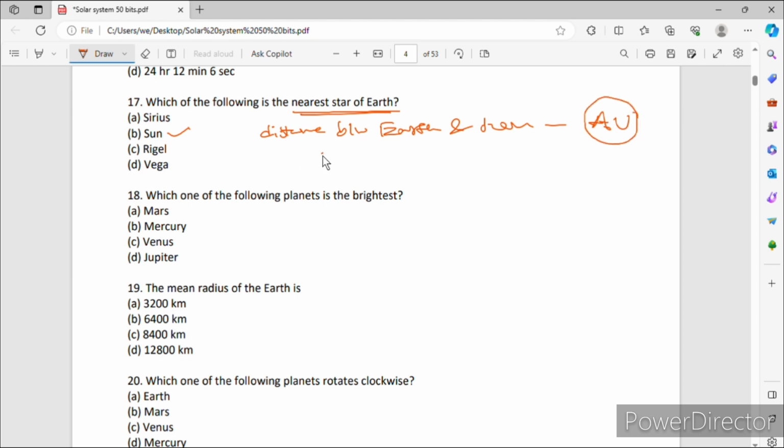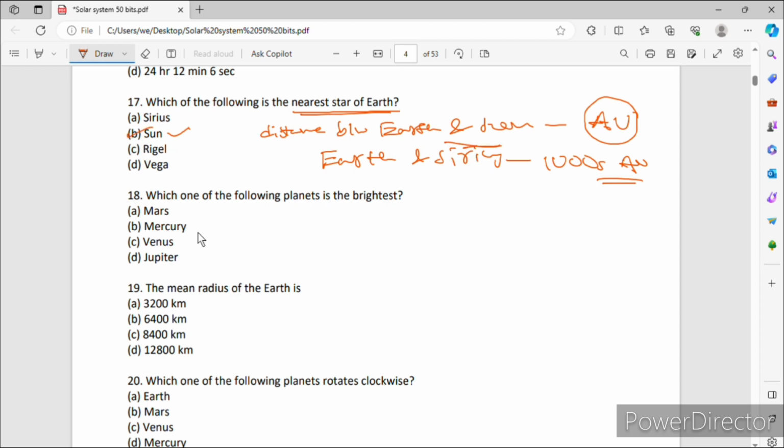But the distance between Earth and the star Sirius is thousands of astronomical units. That means the nearest star is the Sun only. So option B is correct.